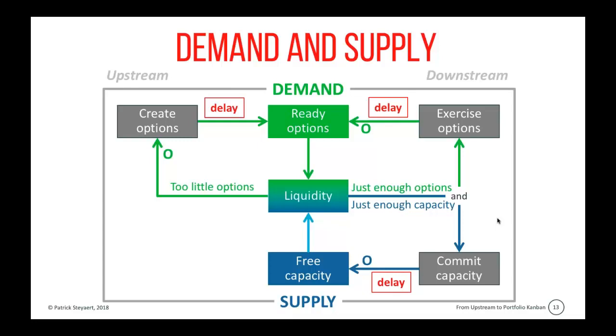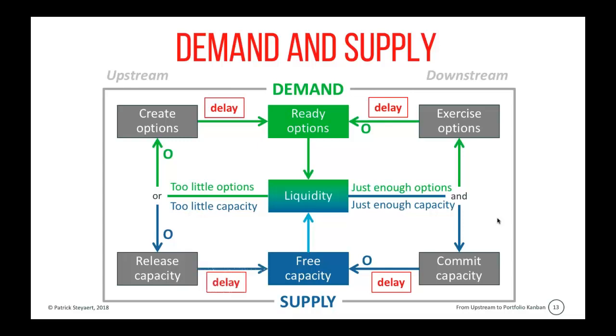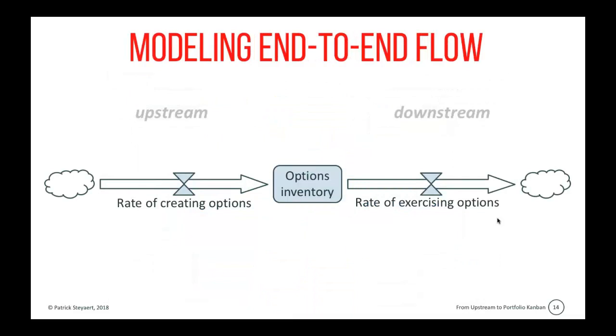There is a delay. We might also have too little capacity. That means we need to release capacity into the organization in order to free up capacity. But again, there's delay. Now it's exactly those delays that are important when we model the end-to-end flow.